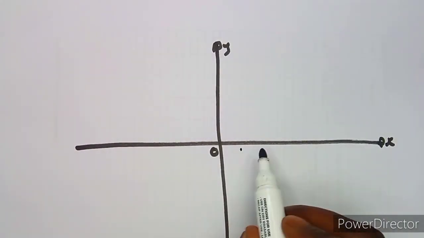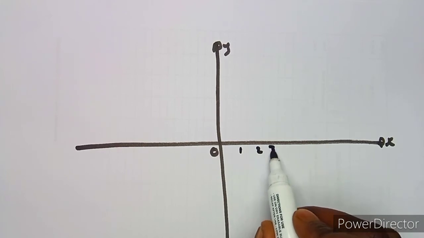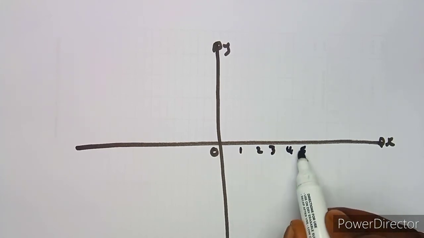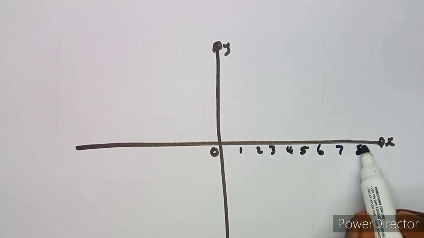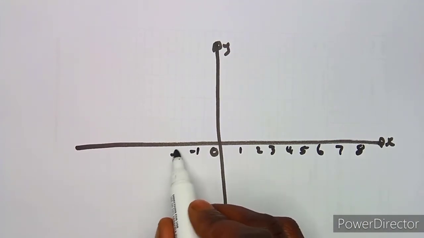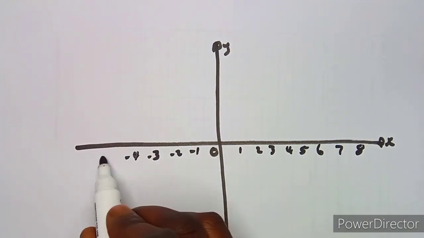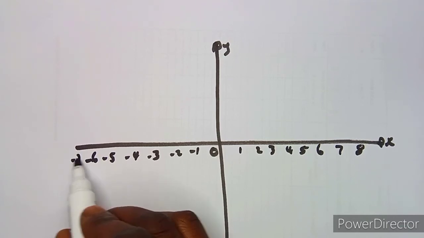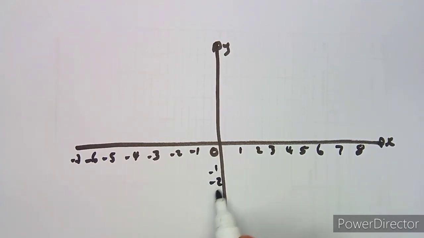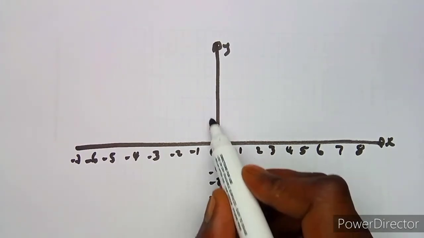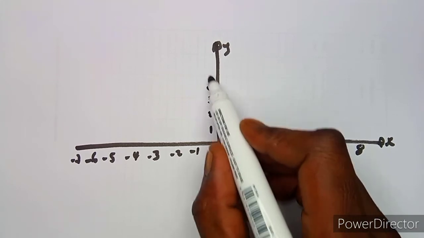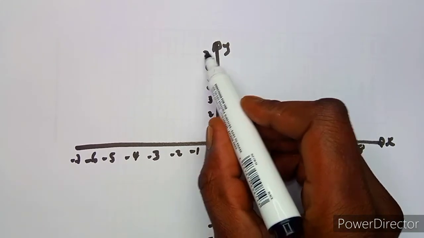So you're going to have 1, 2, 3, 4, 5, 6 up to 7 there. Let's just put maybe another 8, minus 1, minus 2, minus 3, minus 4, minus 5, minus 6. So you just make sure that you mark these points properly on your graph there. Minus 6, minus 7, 1, 2, 3, 4, 5, 6, 7, something like that.